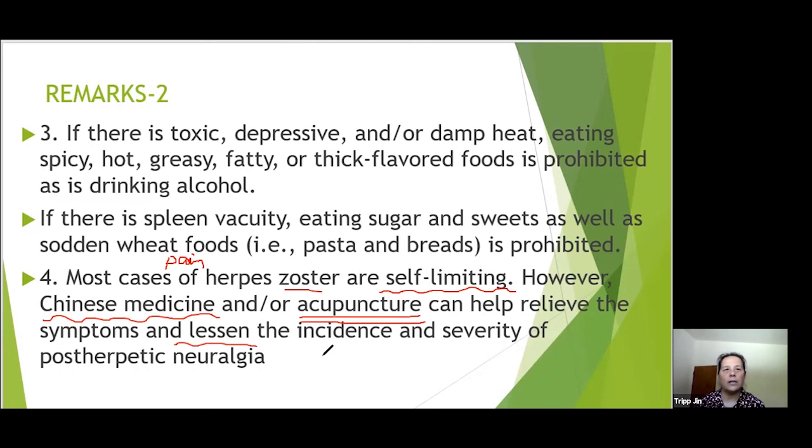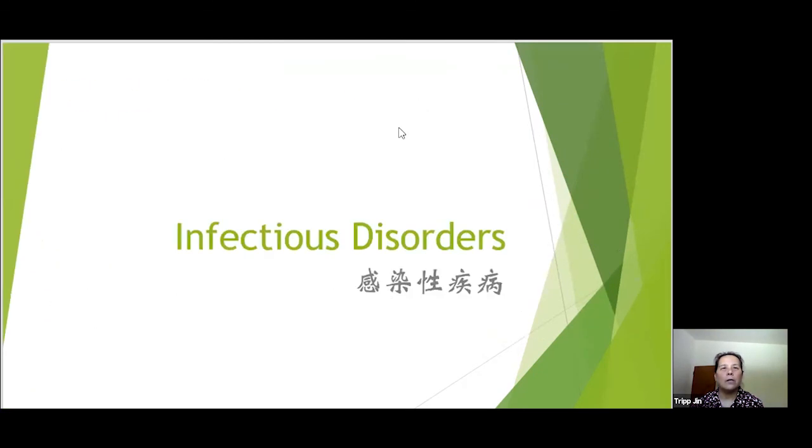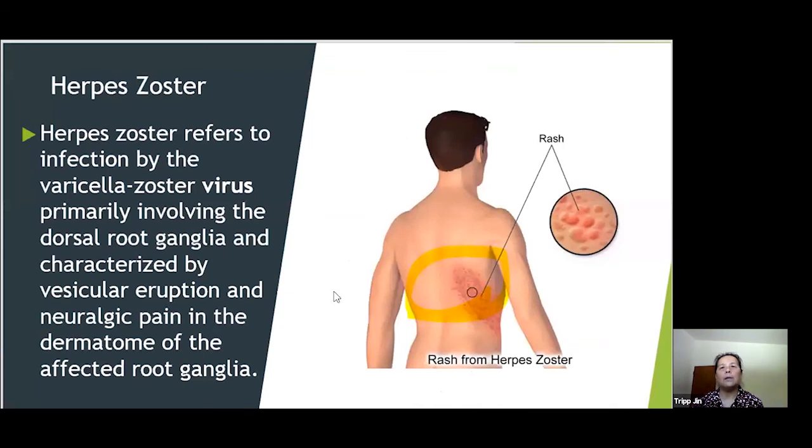So generally for this kind of patient, especially with pain, looking for treatment, we can combine Chinese herbs with acupuncture together. Even acupuncture treatment alone is still pretty effective. So that's about this illness, shingles. I believe you will see this patient later in your acupuncture clinical practice, and it's a pretty common case.